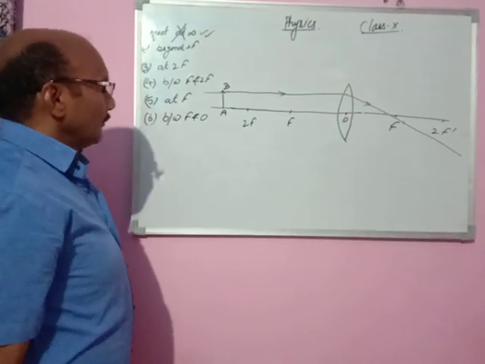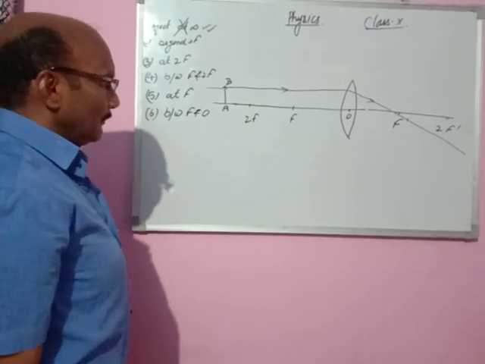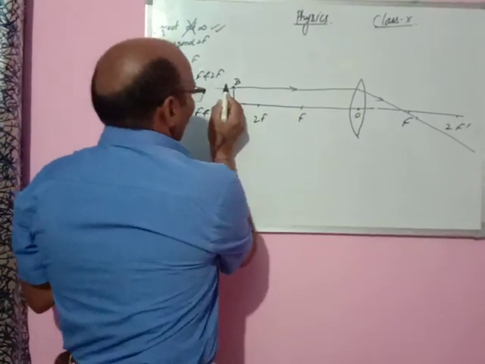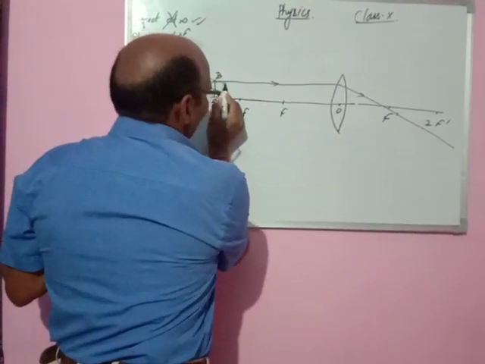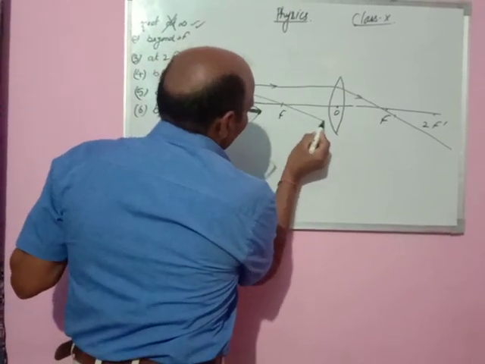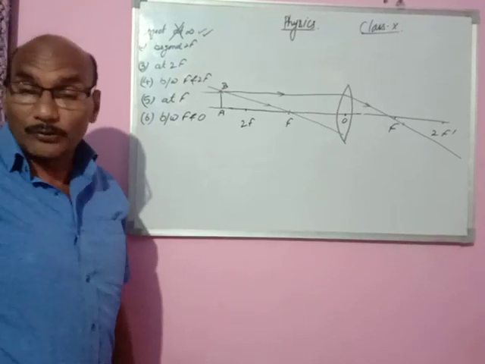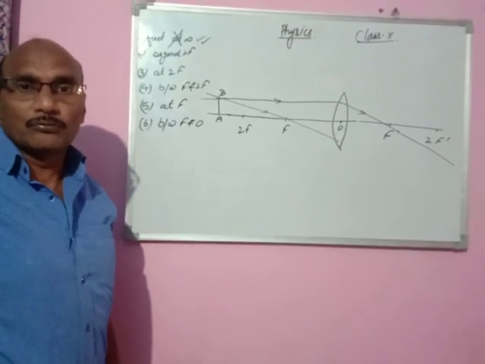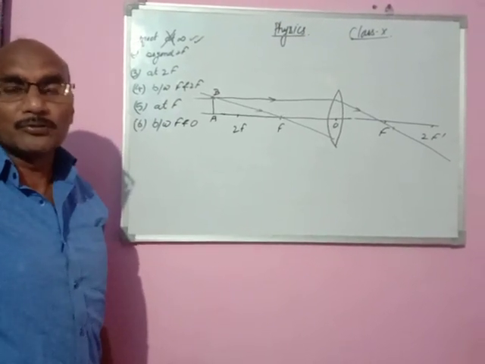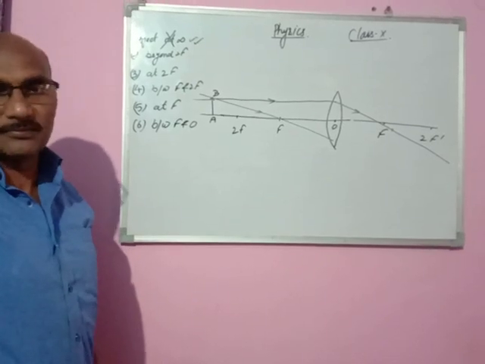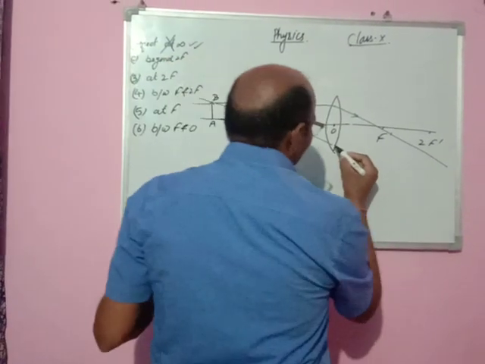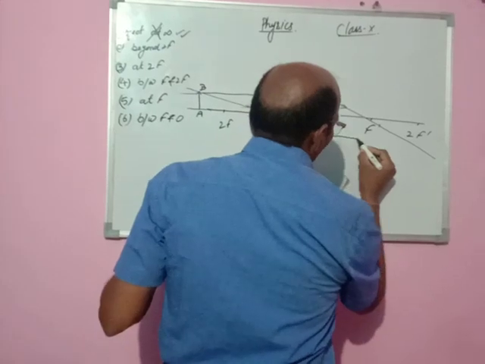Let me take one more light ray, which is coming through the focus. You can take any two light rays. I told you that a light ray which comes through the focus always goes parallel to the principal axis after refraction. So it will go like this.